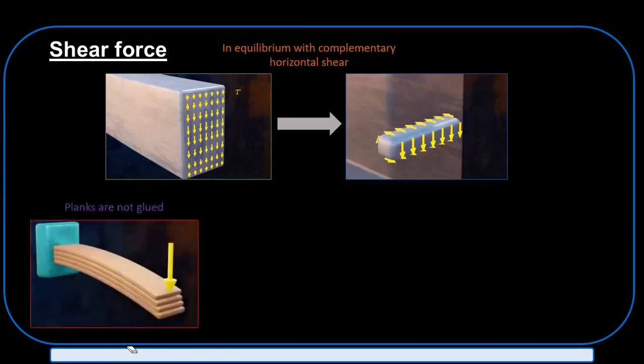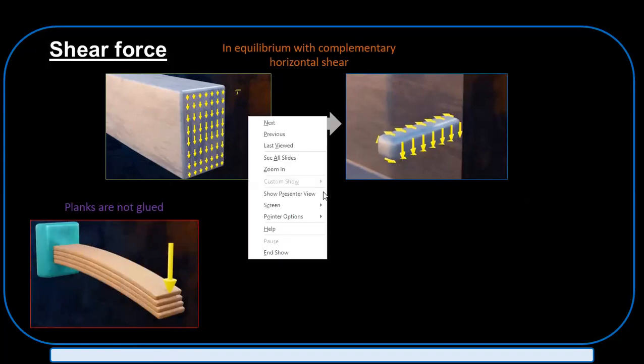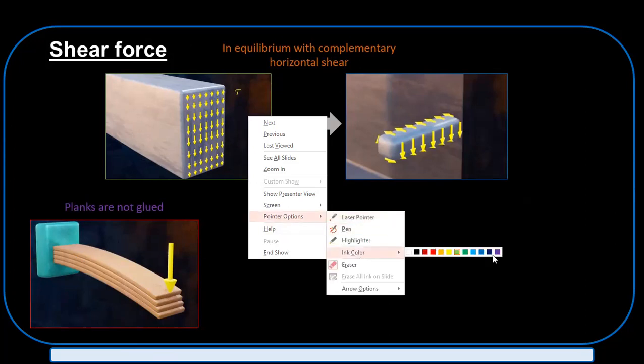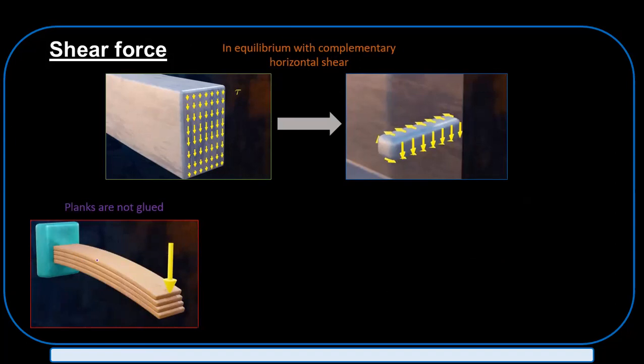Which basically means, let's say something like this: some timber planks which are not glued together. If you apply a load to the beam, these planks can move relative to each other, as shown in this figure.